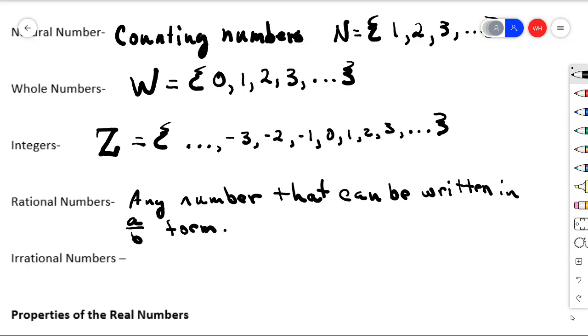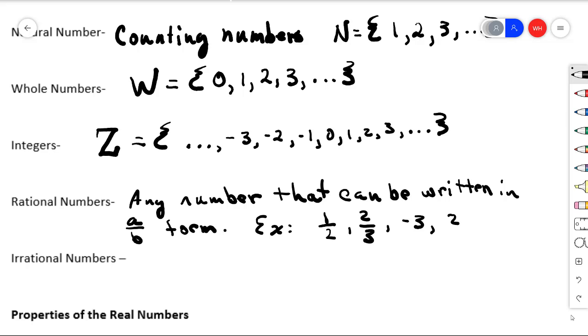Okay, so some examples of this. Of course, fractions, but also integers and whole numbers and natural numbers.